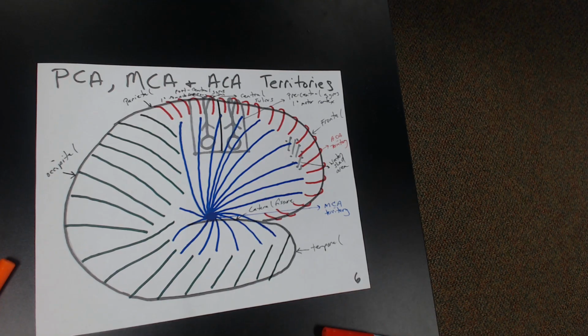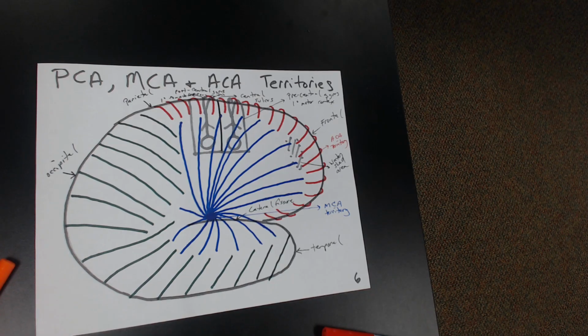One more thing I haven't pointed out yet: if I have a stroke that has affected the right side of my brain, which side of my body will I experience symptoms on? Left. You guys know that. So it's contralateral. That's the term. If a stroke affects my left side, my right side will be affected, and that word is contralateral.